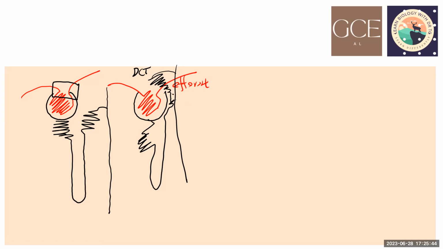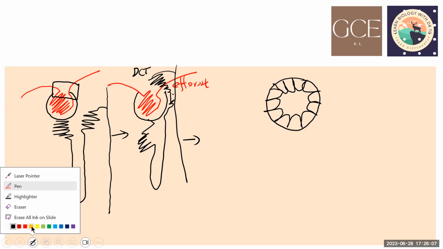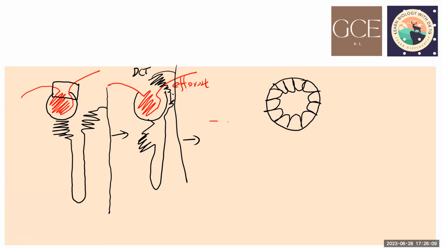Now I try to draw it in a better way, only that part. I can draw it like this. This is the distal convoluted tubule, and inside the lumen it is covered with cuboidal epithelial cells. Now this one is the afferent arteriole and this one is the efferent arteriole.